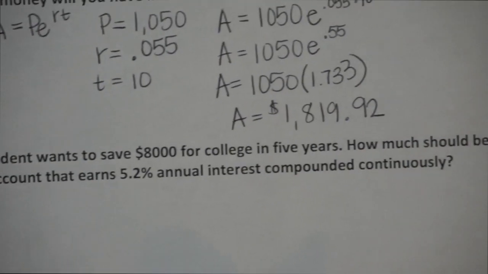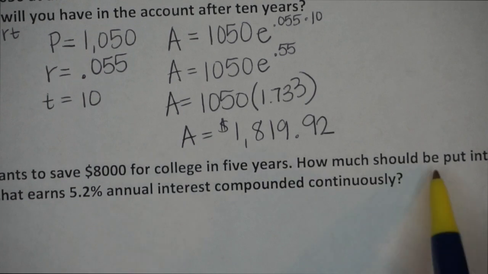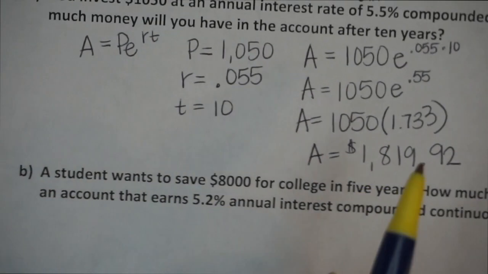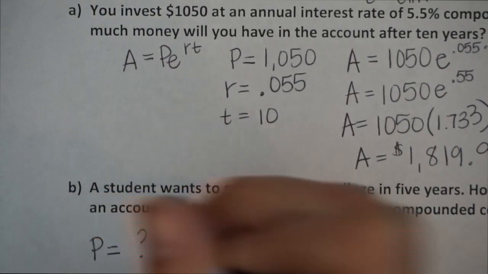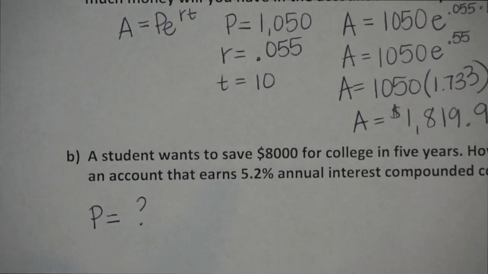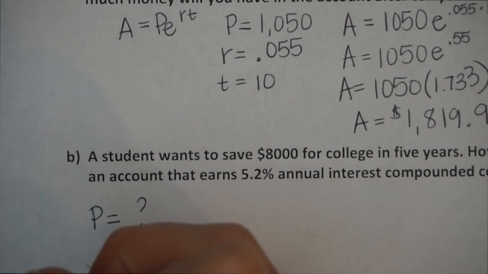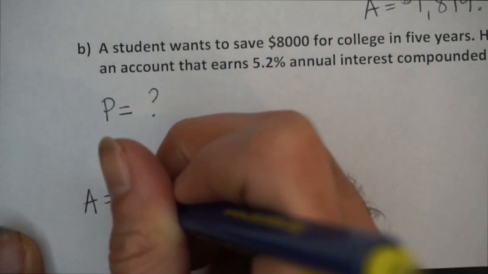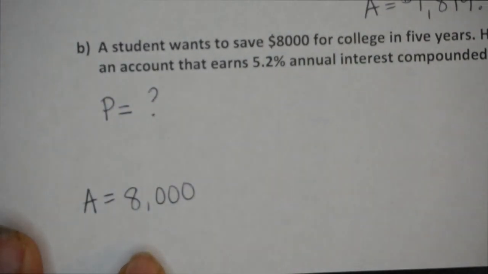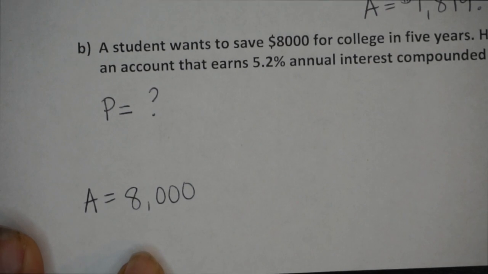So this time they're asking us how much should be put into the account. So they're not telling us the starting amount. So if P is the initial amount, we're actually going to figure that out. What they did tell us, the 8,000, that's how much she wants to be there at the end. And so we actually know the A for this one.